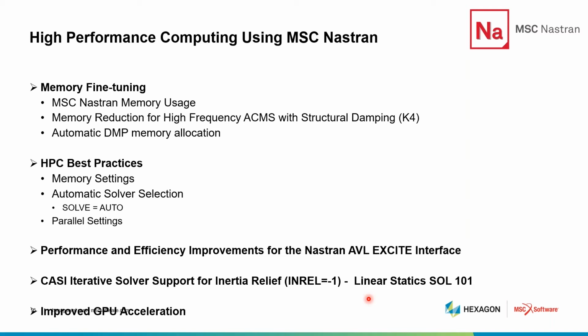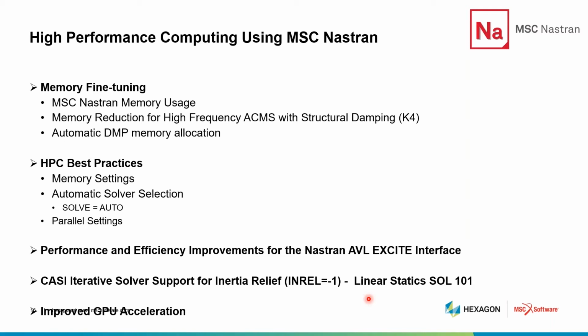Next, we'll move on to HPC best practices, including the best memory settings to run your job, the automatic solver selection capability in MSC Nastran using SOLVE=AUTO, some of the parallel settings, as well as performance and efficiency improvements for the MSC Nastran AVLX Lite interface.